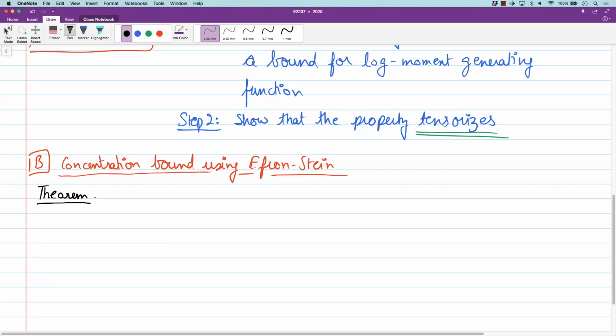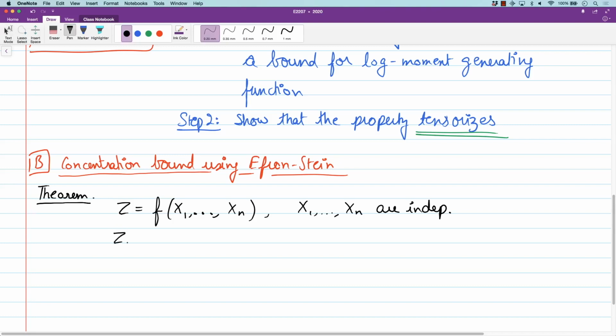Okay, so once again you are given this random variable Z, which is a function of X1 to Xn, and these guys, X1 to Xn, are independent. And what we assume about these guys is some sort of bounded difference property, but we'll write it in a compact way.